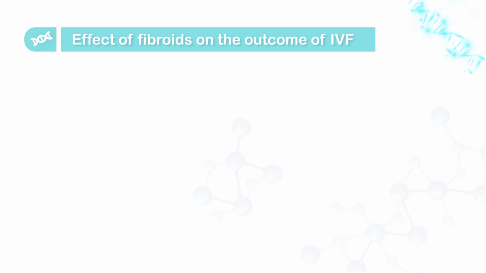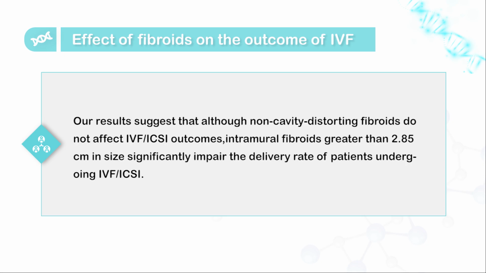Now, let's talk about fibroids. Our study suggested that although non-cavity distorting fibroids did not affect IVF-ICSI outcomes, intramural fibroids greater than 2.85 cm in size significantly impaired the delivery rate of patients undergoing IVF-ICSI.